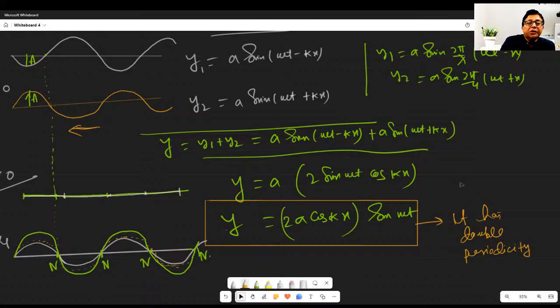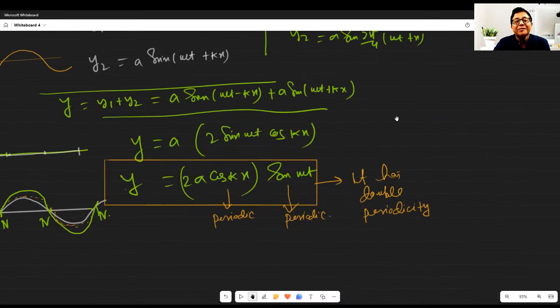Why? Because two periodic terms are involved. This is a periodic term. This function is periodic. Periodic means the graph repeats in a fixed interval, isn't it? So it has double periodicity.